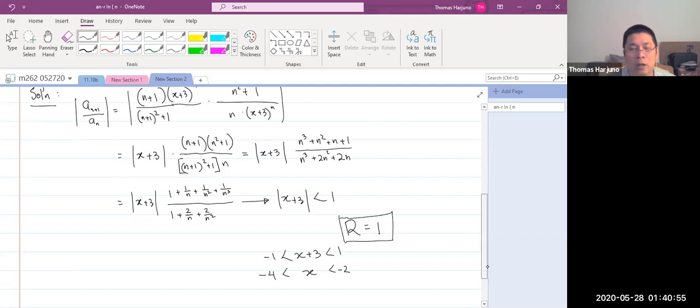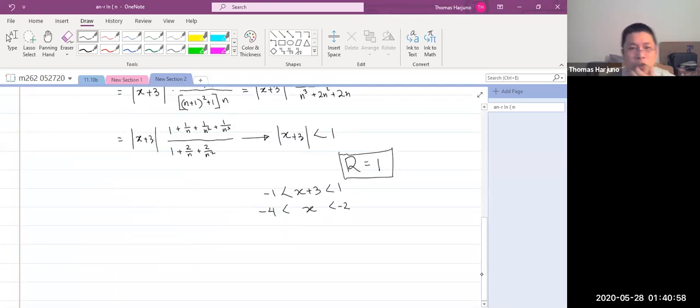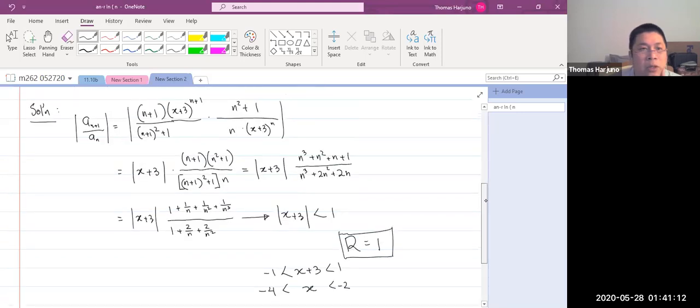But we need to check the endpoints, right? We need to check what happens when x equals -4 and what happens when x equals -2. So the series is what again?